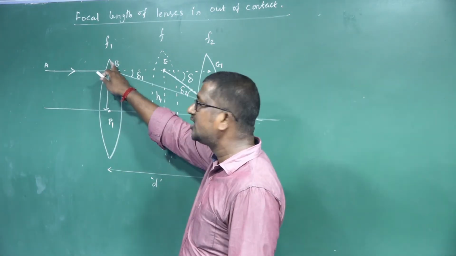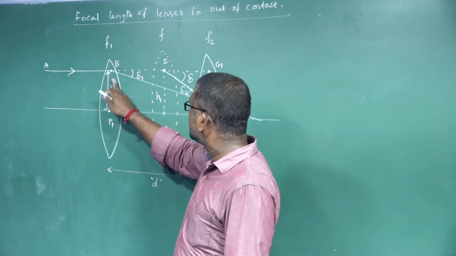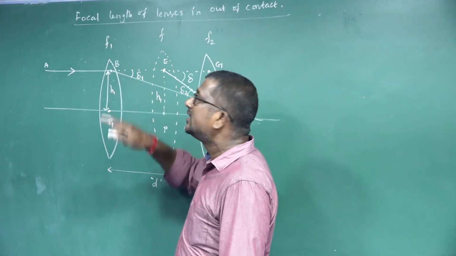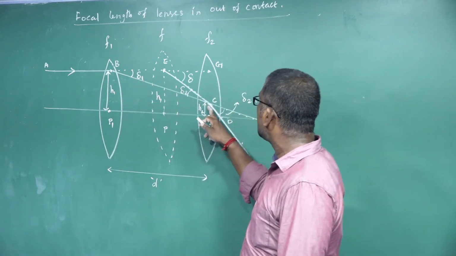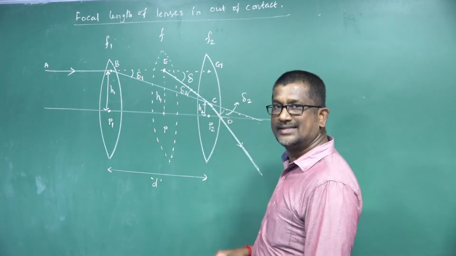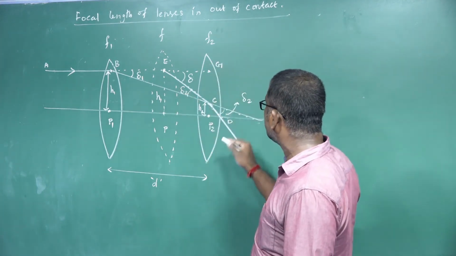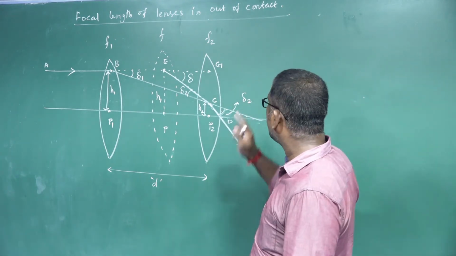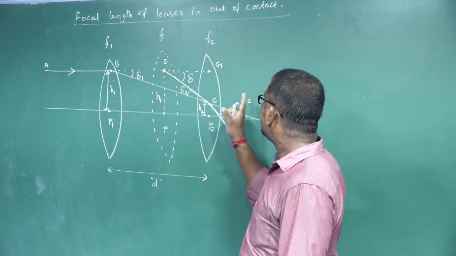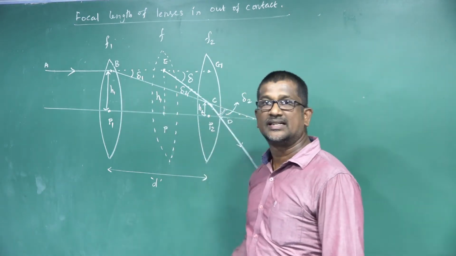Here, the ray of light from the object which is at infinity is incident on the first lens at point B. It is deviated by the first lens by an angle of del 1, and it is incident on the second lens at point C. This ray is deviated by the second lens through an angle of del 2. So del 1 and del 2 are the angles of deviation produced by the first lens and second lens.